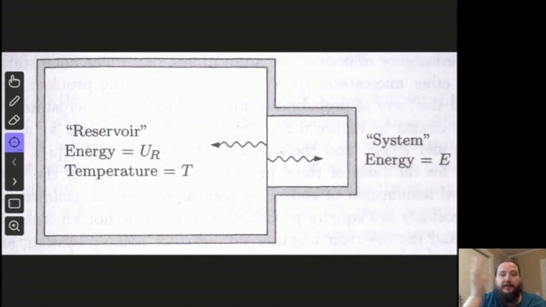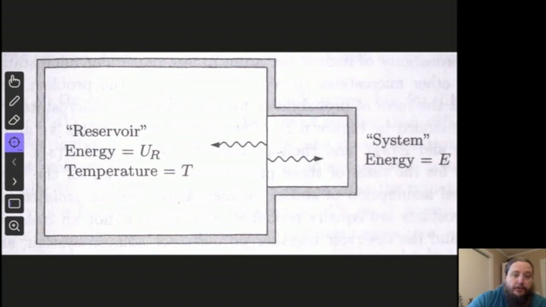You can think of it as the entire universe if you want to be explicitly pedantic, but basically it's the nearby region of the environment, which is considered much larger than the system, and therefore much less responsive to exchanges of energy and so on for the system. They don't affect the reservoir dramatically.